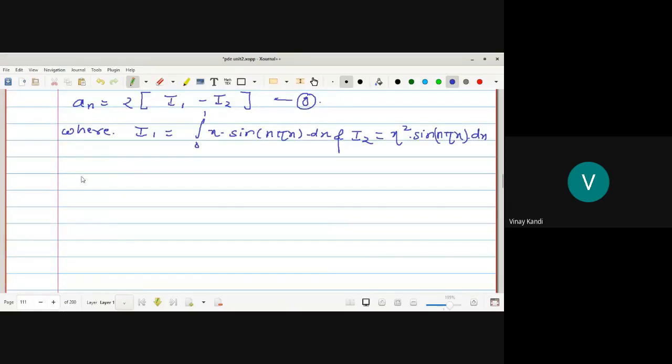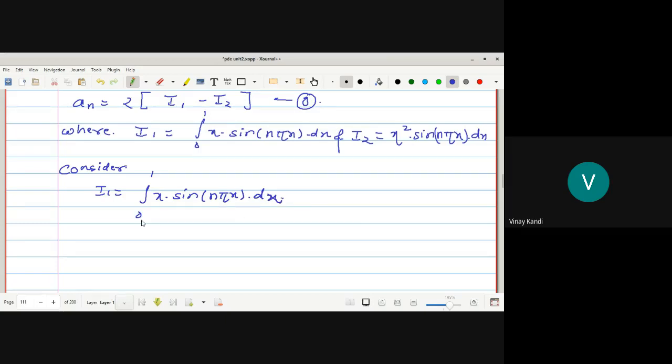Now consider I1 first. I1 is equal to integration 0 to 1 of x into sin n pi x dx.